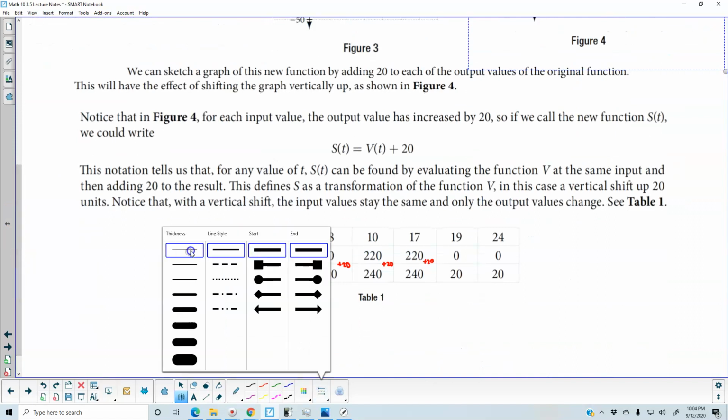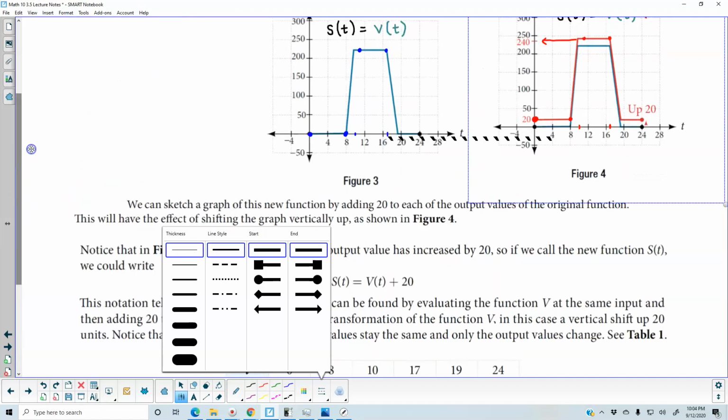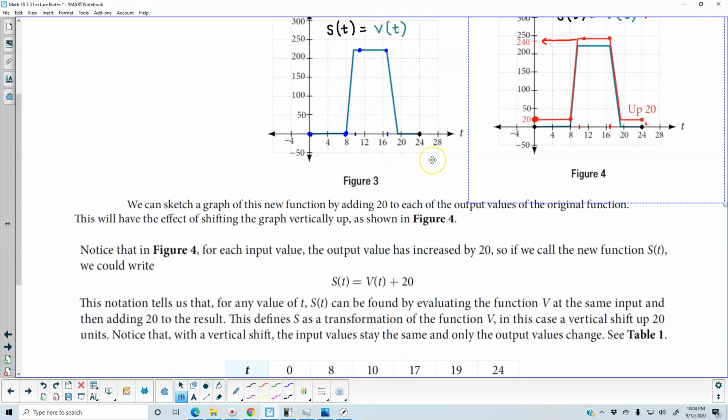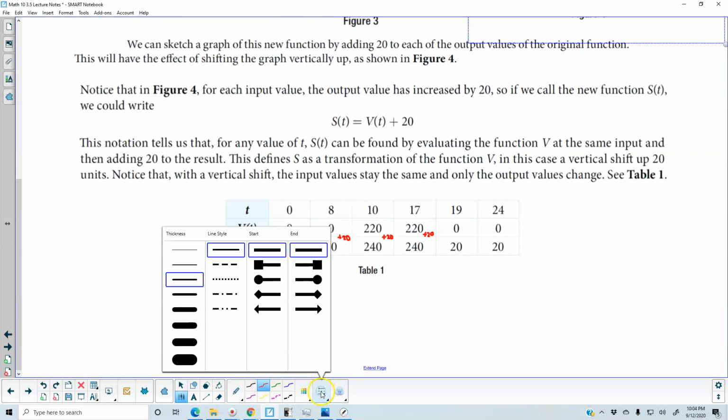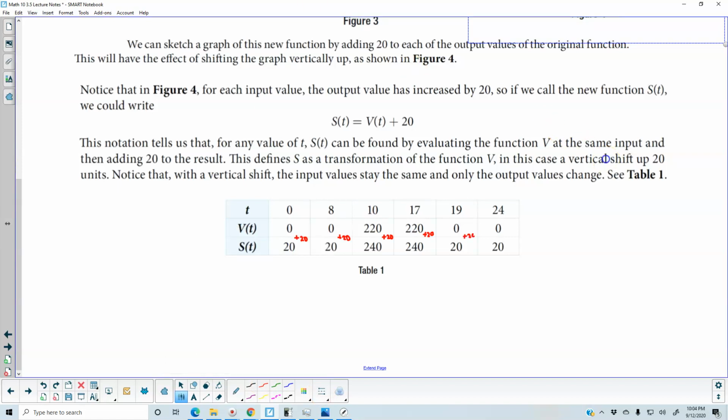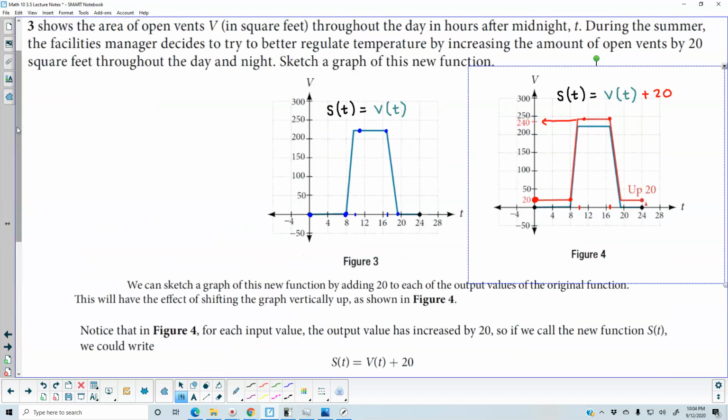Okay, let's take a look at the rest of them. So we have another input at 19, and it has an output of 0. So if we take a look at that input of 19 and an output of 0, well then what happens when we have the same input of 19, we add 20 to it? So again, as you can see here, at 19, we shifted it up 20 units.